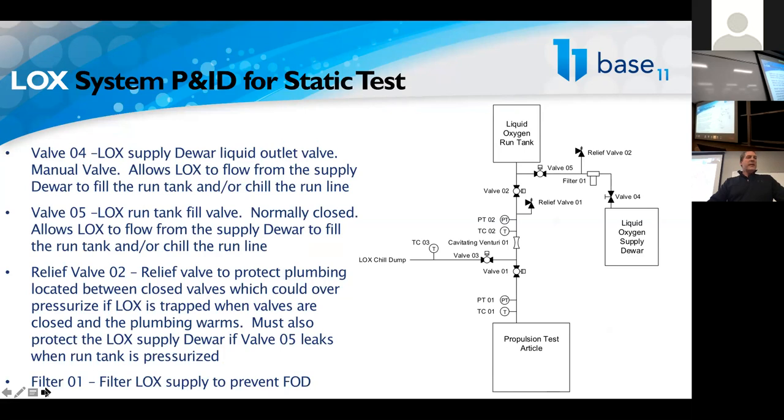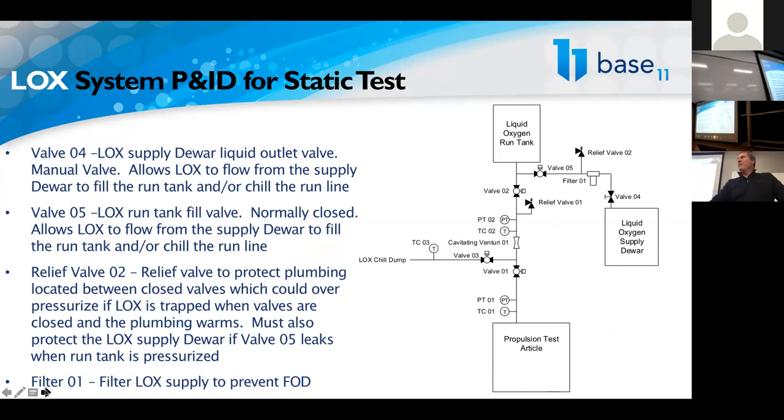The other thing is, if we look at this as a system, we're going to be pressurizing the liquid oxygen run tank to some sort of high pressure when we're pushing the liquid oxygen into the engine. As has been stated earlier, you can't count on any valve to function exactly like you want it to.